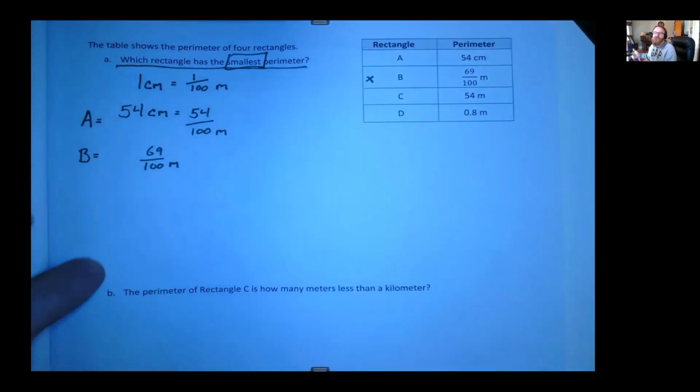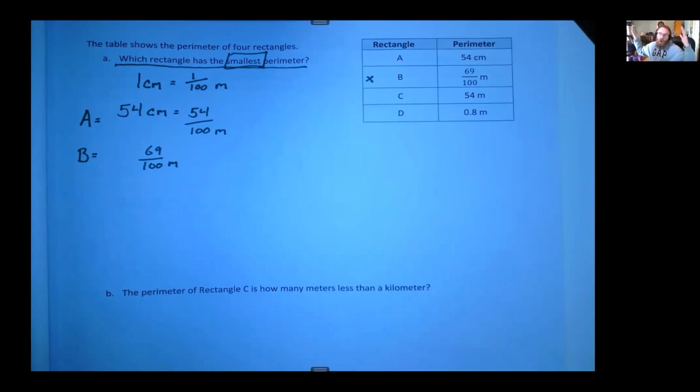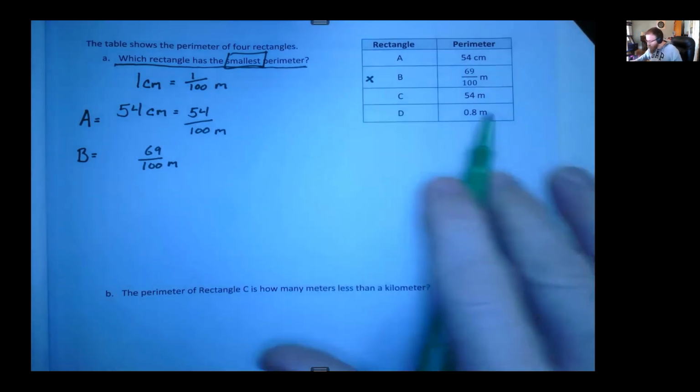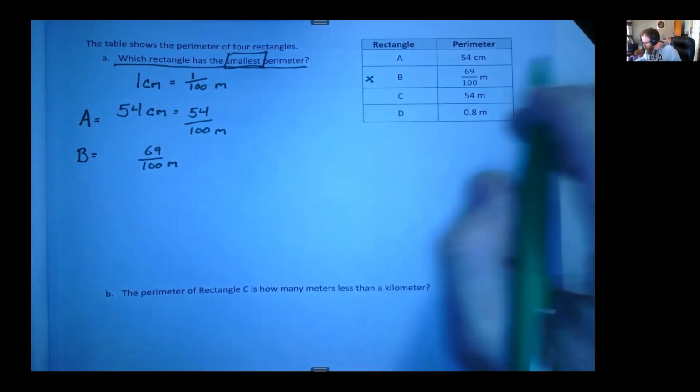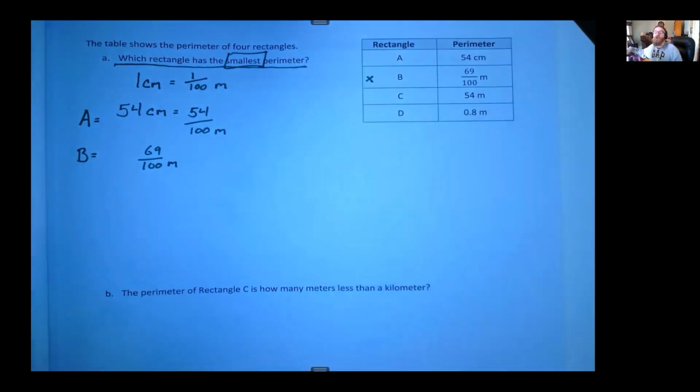It's not just a little bit bigger, it is 100 times bigger because a meter is 100 centimeters. So 1 meter is 100 times bigger than a centimeter, and 54 meters is 100 times bigger than 54 centimeters. So not only is 54 meters bigger than 54 centimeters, but if we were to draw these rectangles out, it's off the charts. It's not even close to these other three.